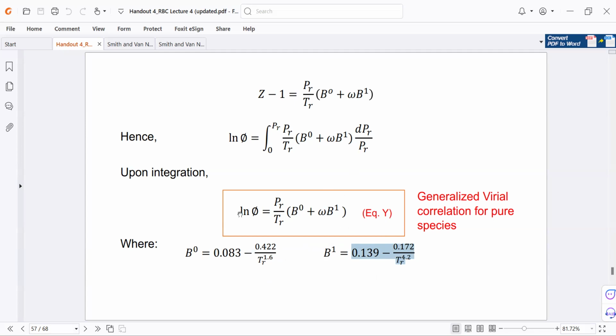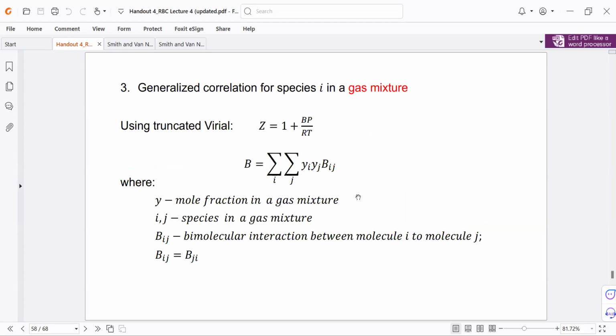So again, we have an equation for the fugacity coefficient. And this time, this is still for pure species. So what about species in a mixture, specifically in a gas mixture? Okay, the third approach is still using the virial equation, the truncated virial equation.